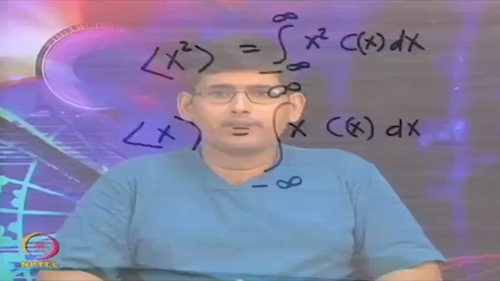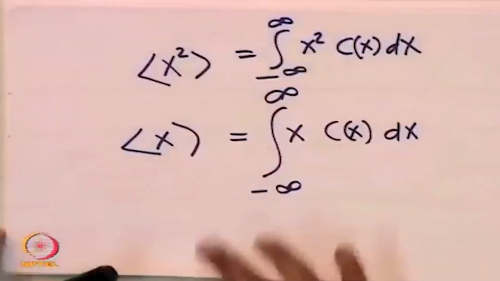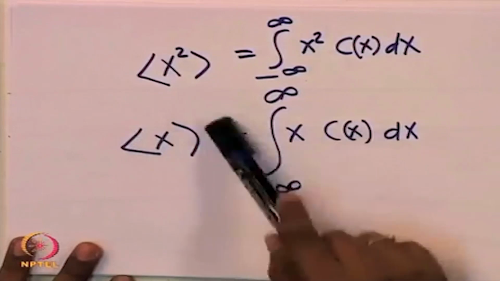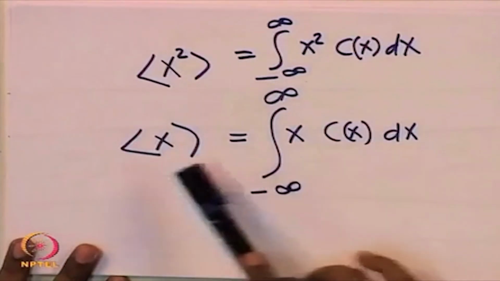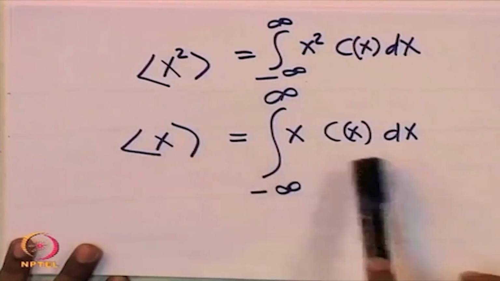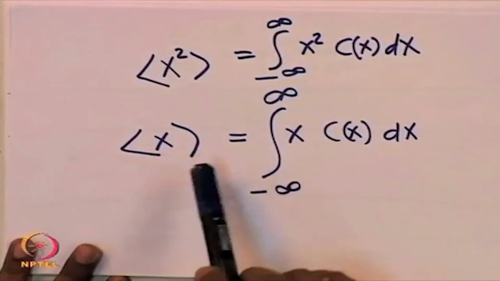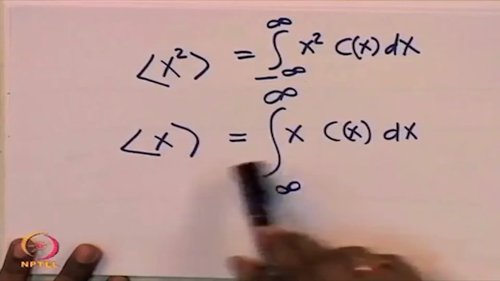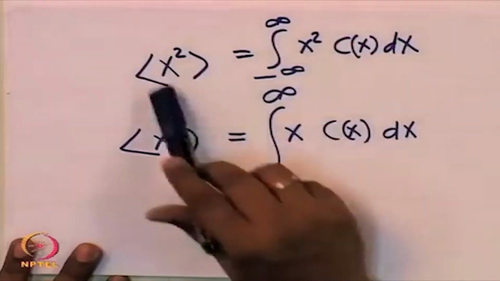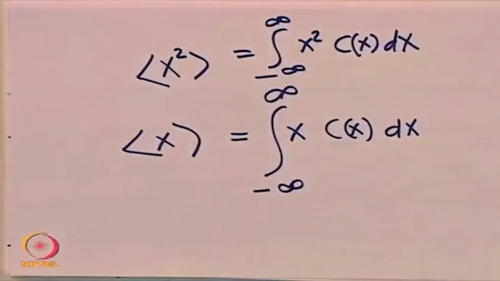For the moment, even if you do not understand why this average has this particular form, just understand that this is true, and when we discuss statistics, we will show you clearly that x average is nothing but this and x square average is nothing but this.